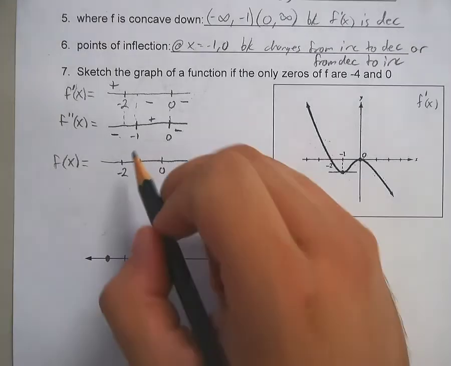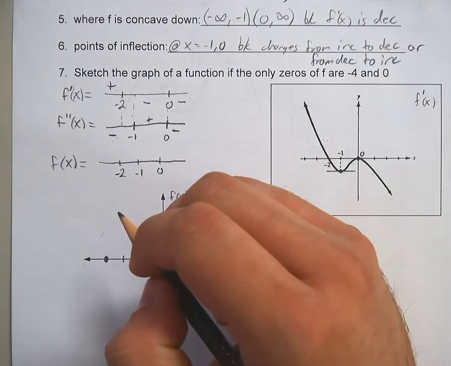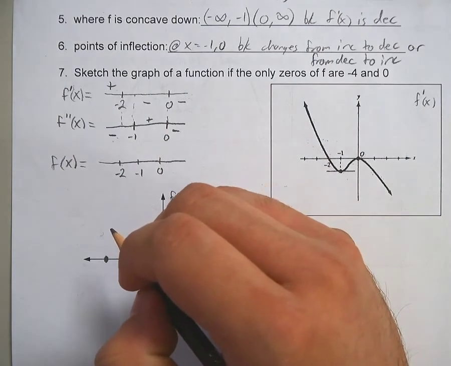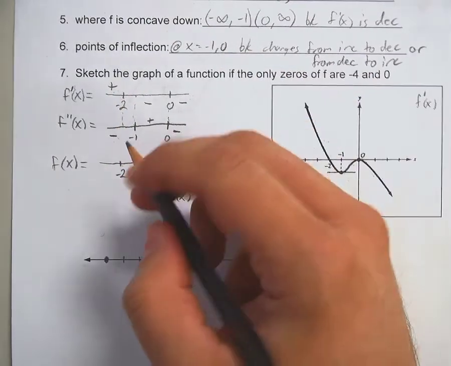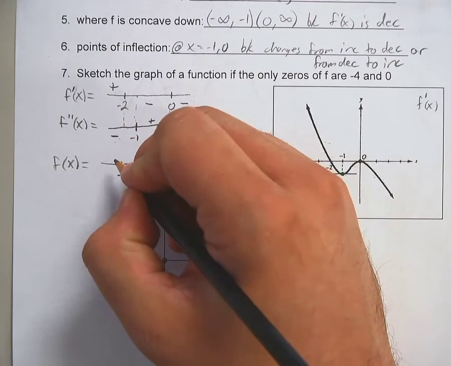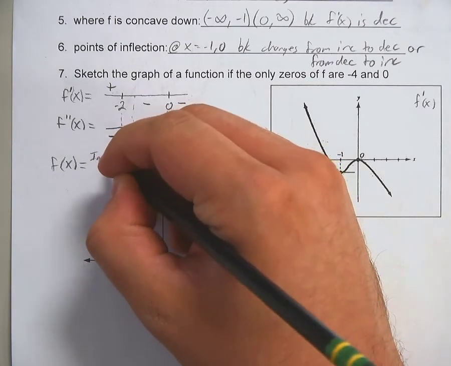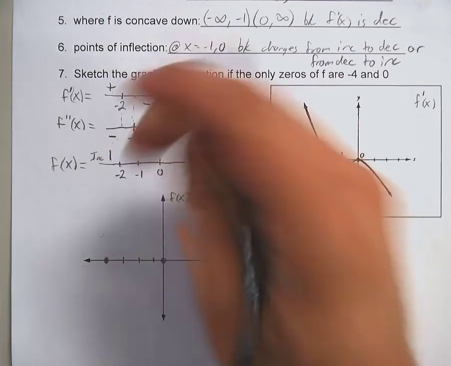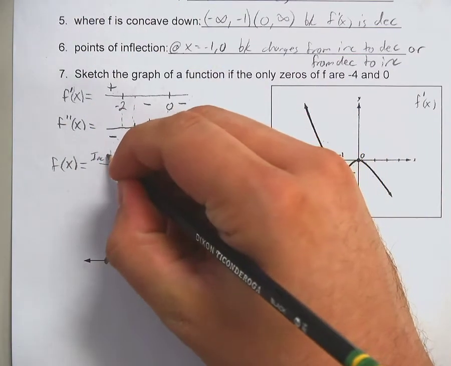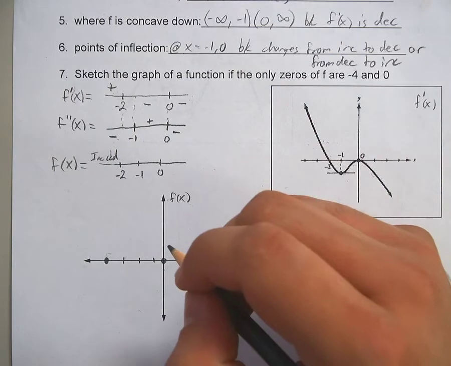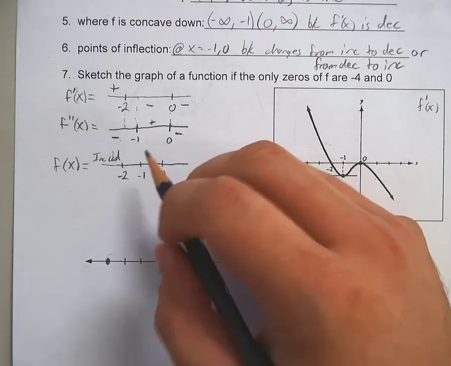So to the left of -2, I'm going to be concave up, decreasing. Or wait, I'm sorry. I just got that completely backwards. Increasing, concave down. That's what I was looking for. All right, so to the left of -2, we are going to be increasing, concave down. Increasing, concave down between -2 and -1.